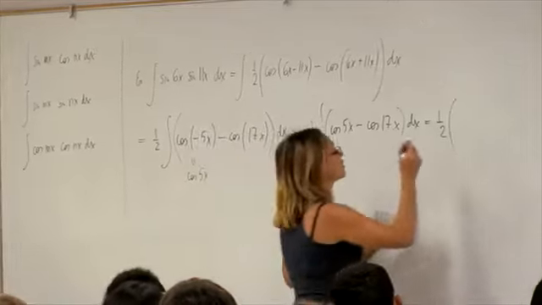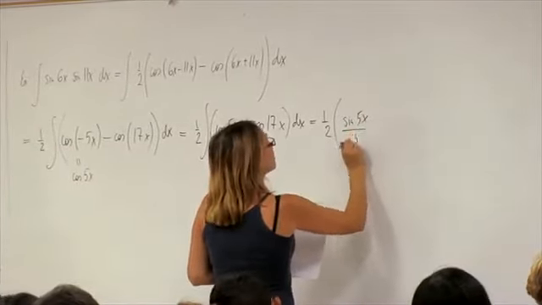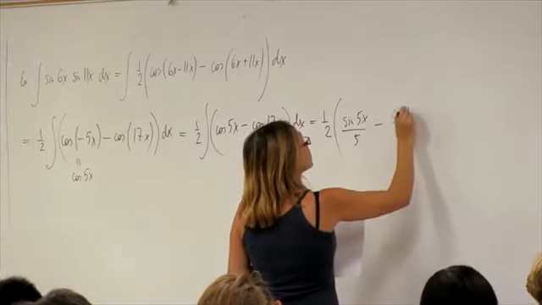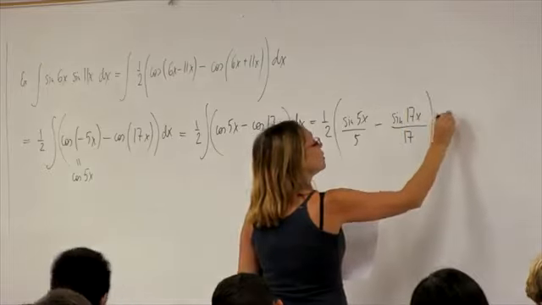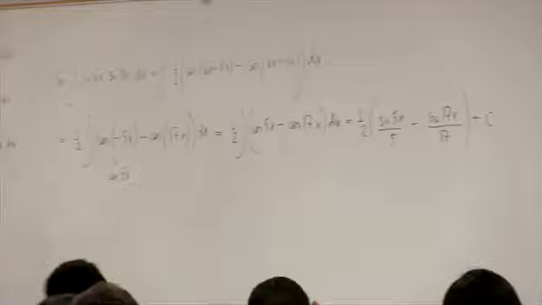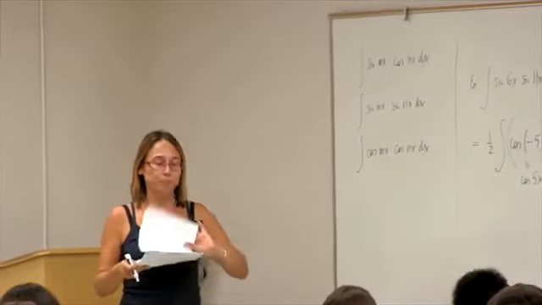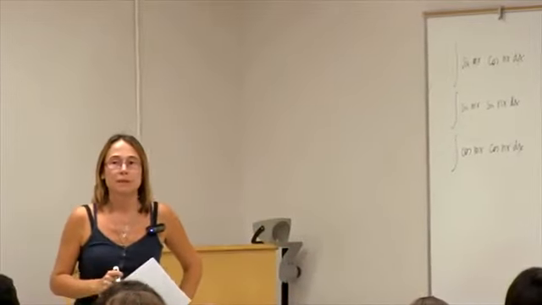That gives me sine 5x over 5 minus sine of 17x over 17 plus c. So these are always done in a standard way. Questions? Very good, thank you.